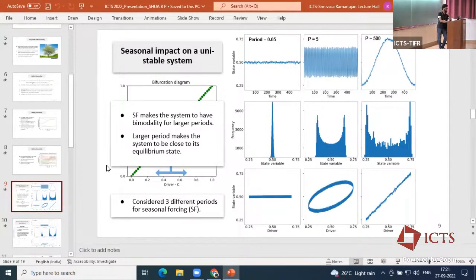Other than that, I think there are methods to get back the SDE followed by a system from time series data. So a system with true bistability which shows bimodality, and a system with seasonal forcing which shows bimodality, can be distinguished using such a method.